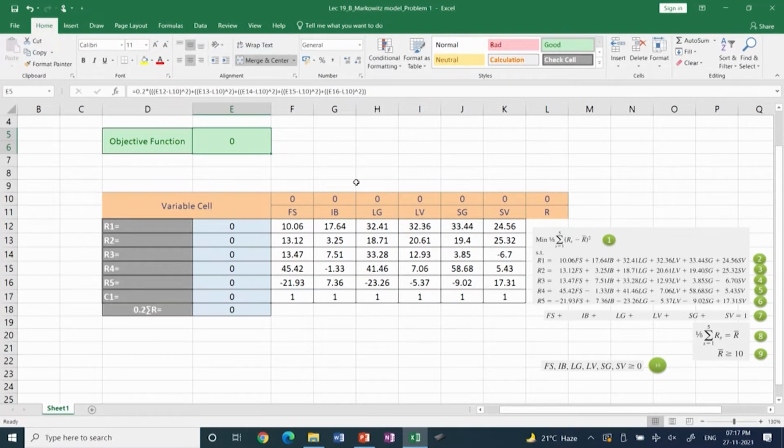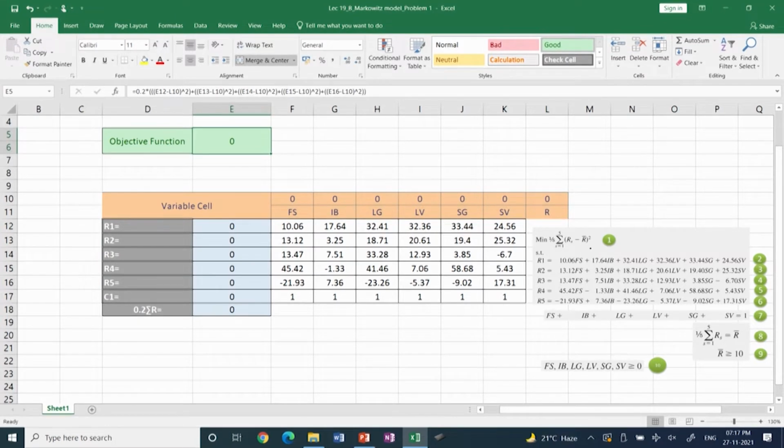The first one is the objective function, E6. Look at the objective function, this is 1 upon 5, so it is 0.2 times (R1 minus R bar) whole square plus 1 upon 5 (R2 minus R bar) whole square and (R3 minus R bar) whole square plus (R4 minus R bar) whole square and the last one plus (R5 minus R bar) whole square.